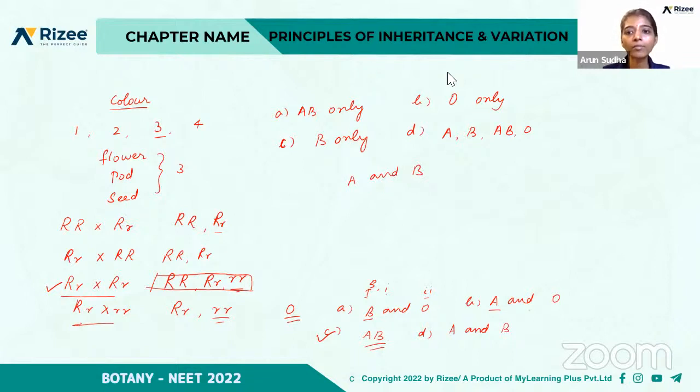Yes, D. If they have A and B, the child can have A, B, AB, or O. So D is the answer.